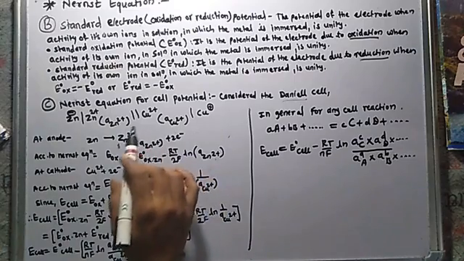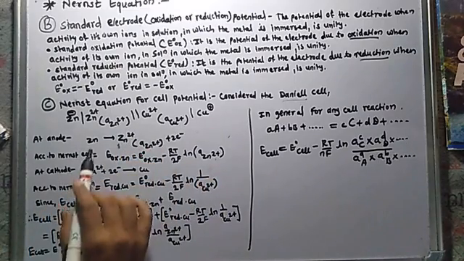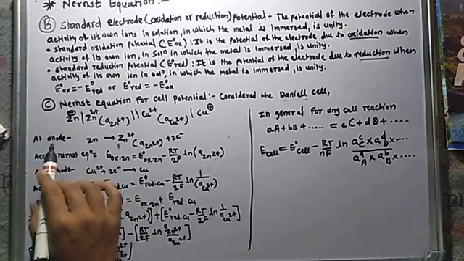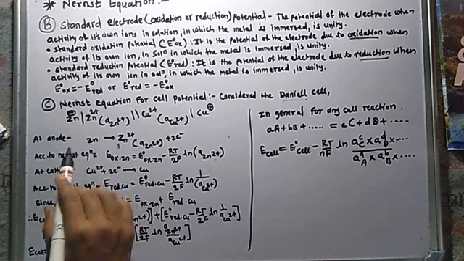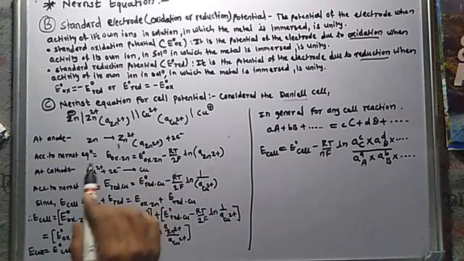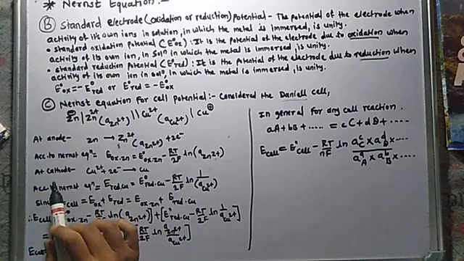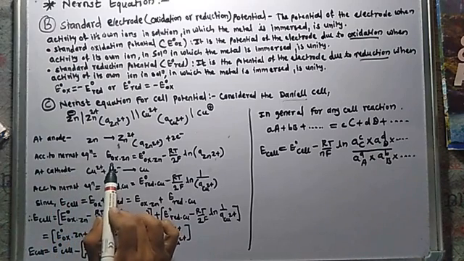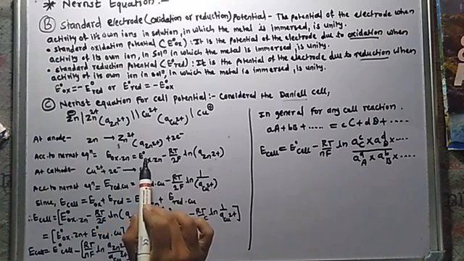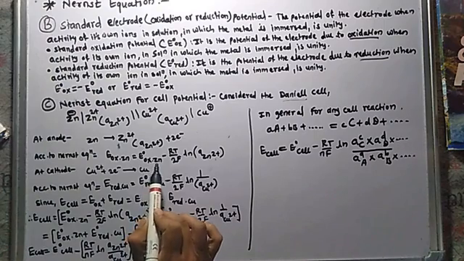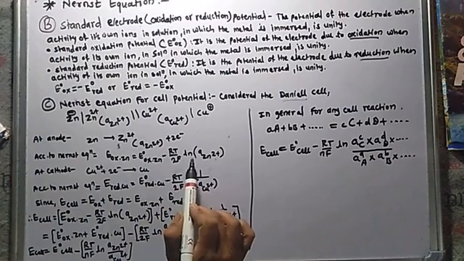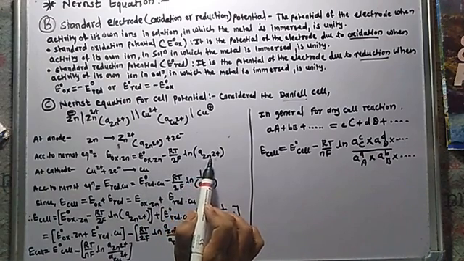In this cell reaction we see the oxidation reaction and the reduction reaction. At the anode the oxidation reaction takes place, that is Zn gives Zn2+ plus 2 electrons. According to the Nernst equation, the oxidation electrode potential of the zinc electrode is E oxidation of zinc electrode equal to E standard oxidation of zinc electrode minus RT upon 2F ln activity of Zn2+ ion.